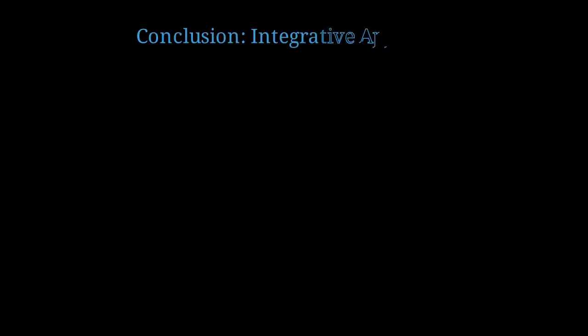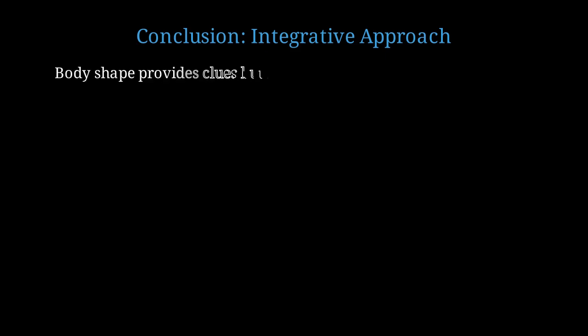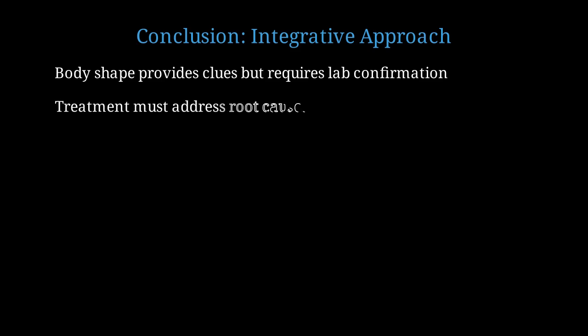In conclusion, body shape assessment is a valuable clinical tool that can reveal underlying hormone imbalances. While body shape provides important diagnostic clues, laboratory testing is essential for confirming specific hormone imbalances and guiding treatment. Effective treatment requires addressing root causes, lifestyle factors like stress, sleep, diet, and exercise, plus targeted hormone replacement or modulation when appropriate.